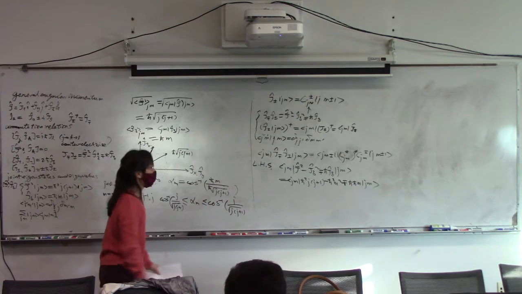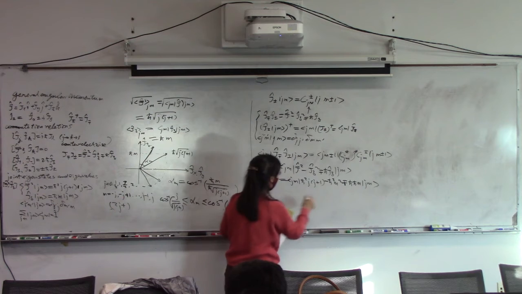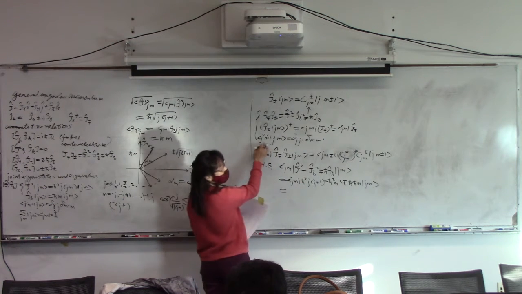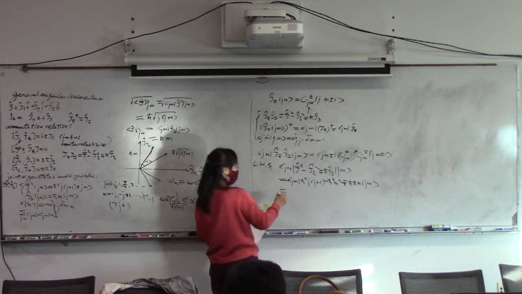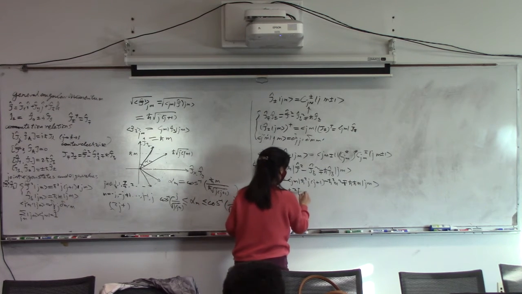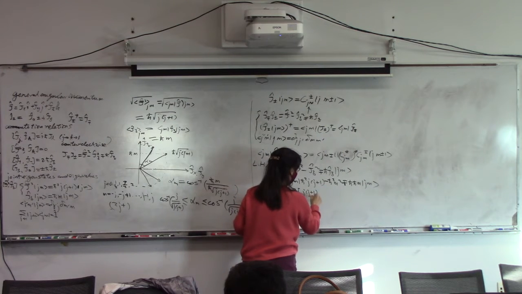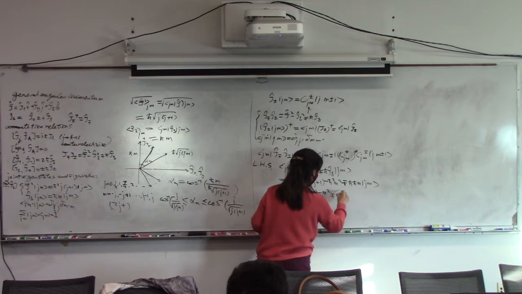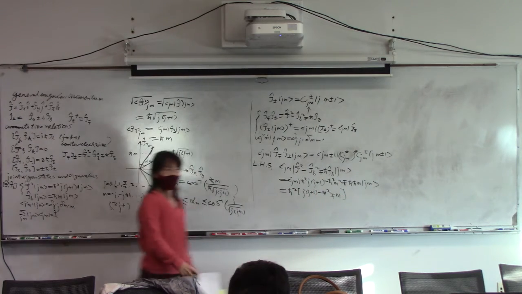Since those are constants, I take them outside, and then this jm with jm, according to orthonormality, is equal to 1. So we have h bar square outside, that is j times j plus 1 minus m square minus plus m. That is the left hand side.